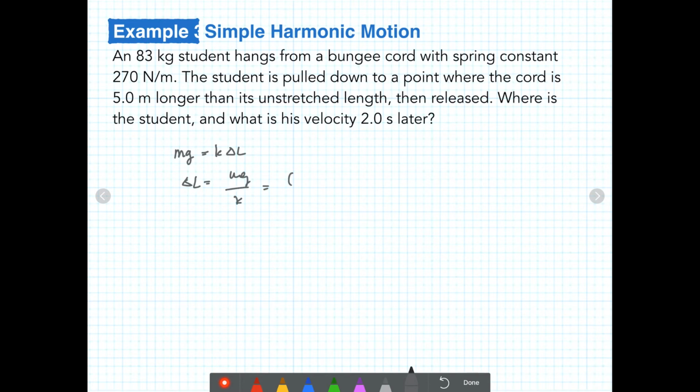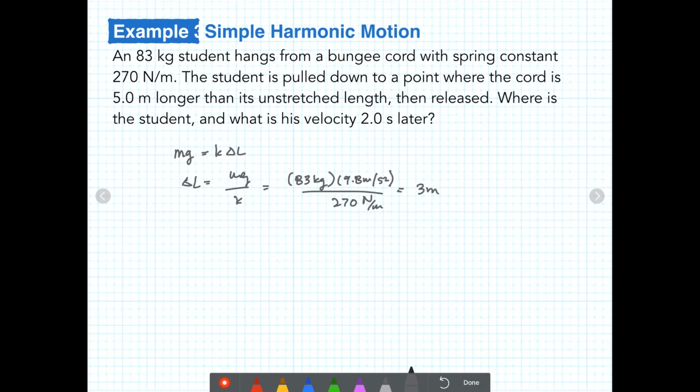The mass is 83 kilograms, g is 9.8 meters per second squared, and k is 270 newtons per meter. You plug all that in and you get about 3 meters. So that means your delta L is 3 meters.